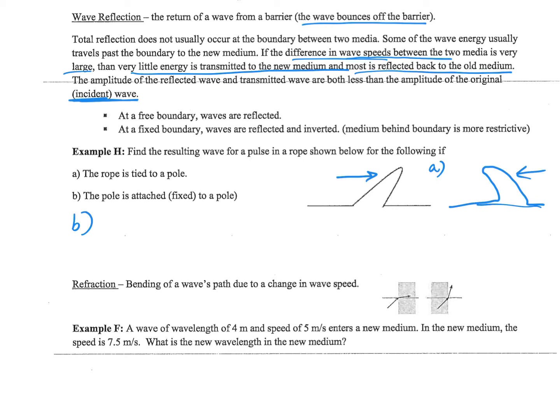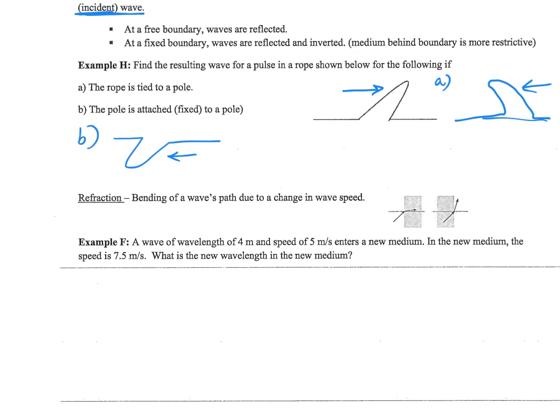That's considered a fixed end, isn't it? So is it going to invert this time? It is, isn't it? So it's still going to be moving the other direction, but it is going to flip over. Okay? Feel confident with that one?